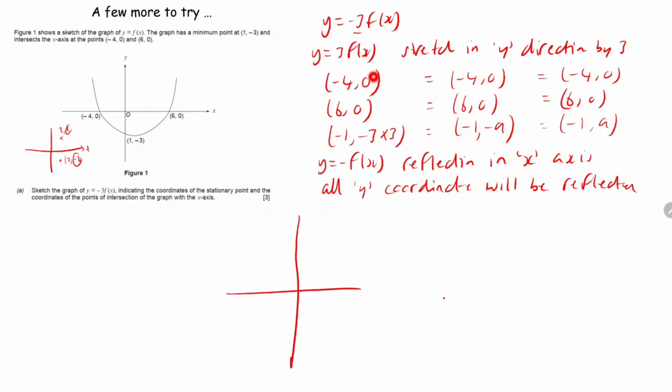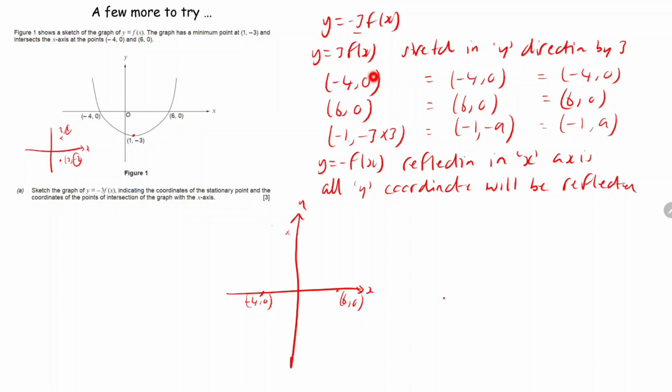So we can plot these three coordinate sets. We have minus 4, 0. The two roots haven't been affected at all by this transformation. But the minimum point now has become a maximum point.